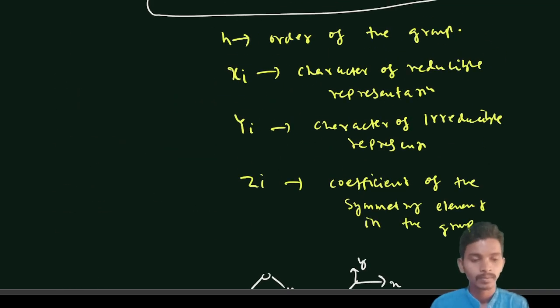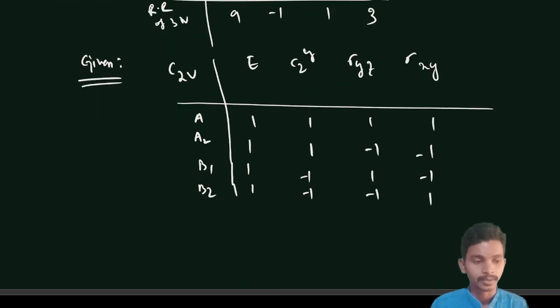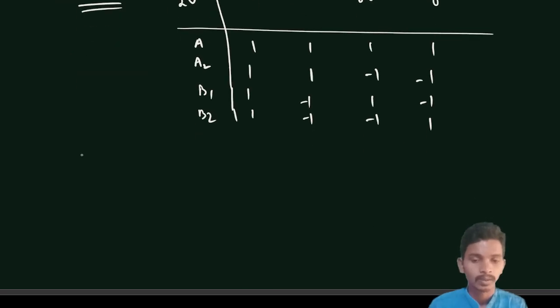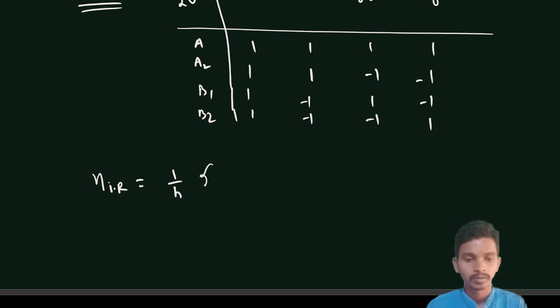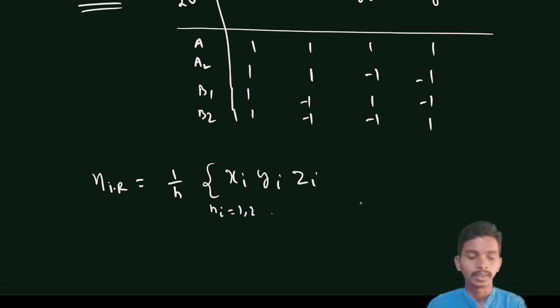Using this formula we will calculate the irreducible representations. The number of irreducible representations is equal to 1 upon h, the order of the group, summation of n, xi, yi and zi.